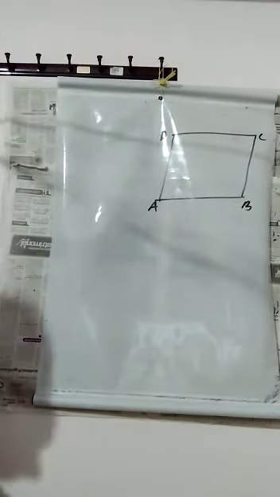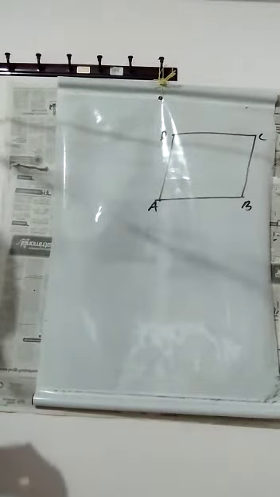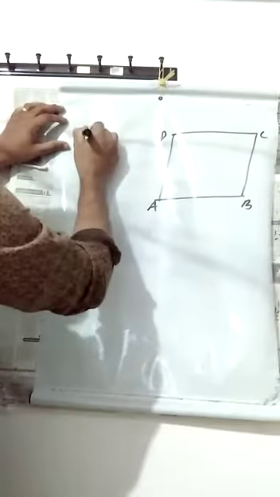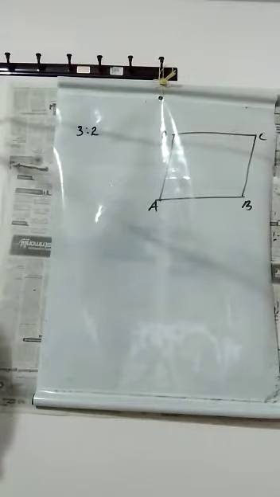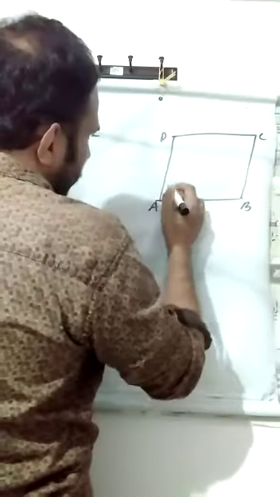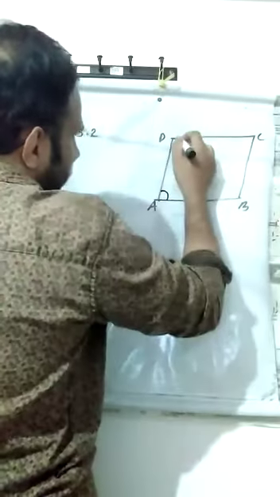The measure of two adjacent angles of the parallelogram are in the ratio 3:2. Suppose these are the two adjacent angles.